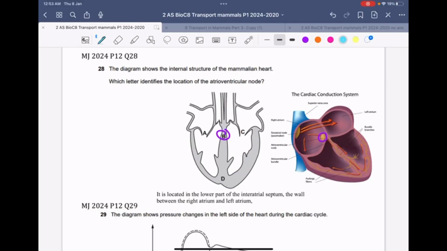The SA node is located around here. And then here will be the bundle of His, and then it branches out and becomes the Purkinje fibers.